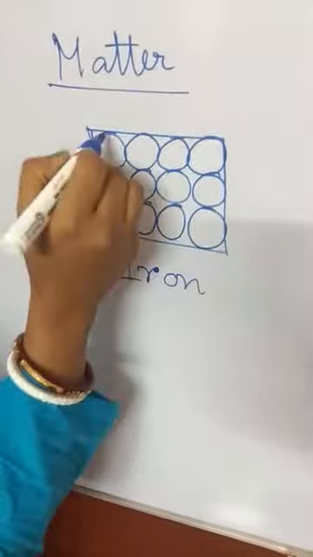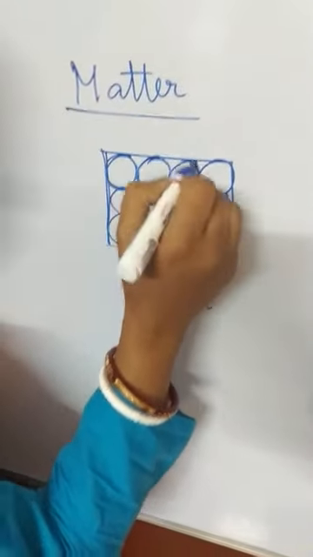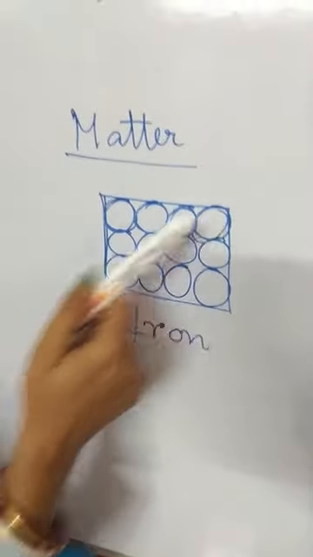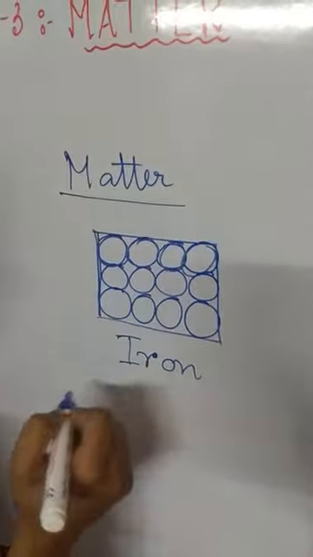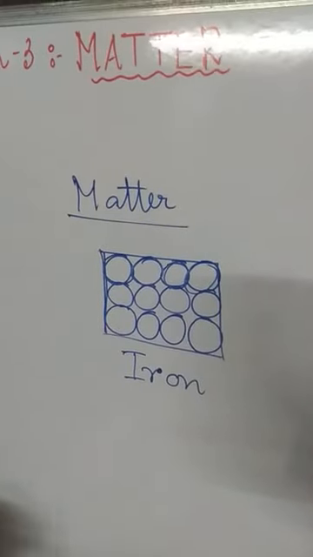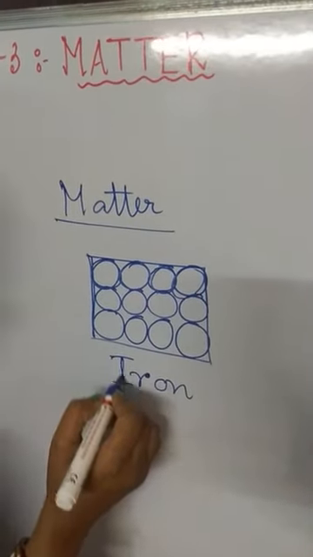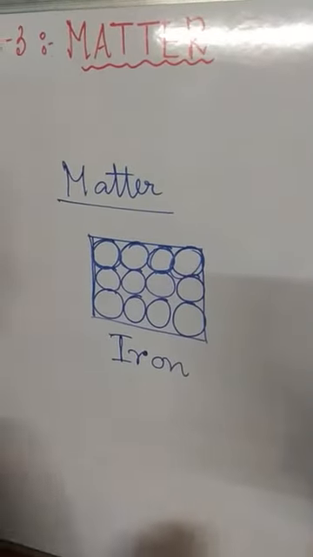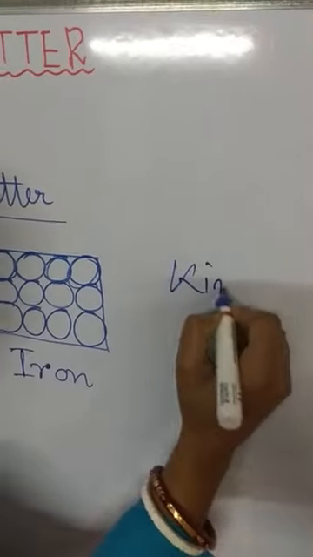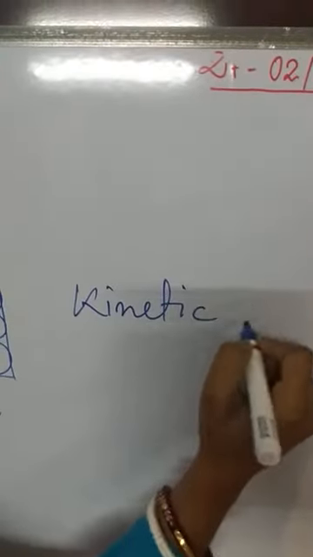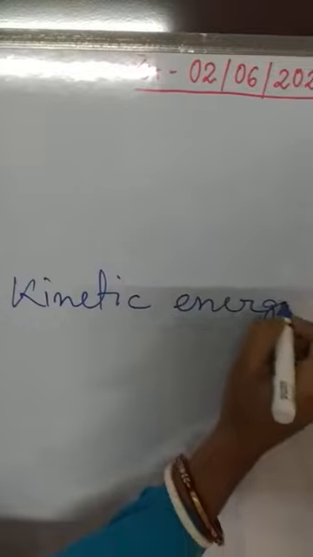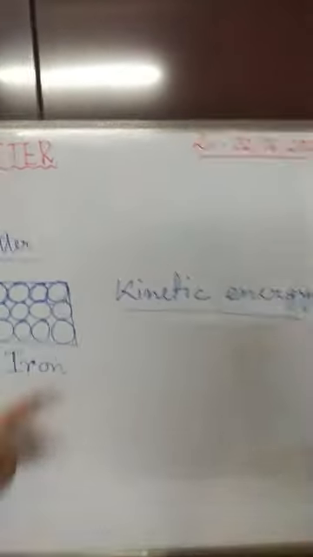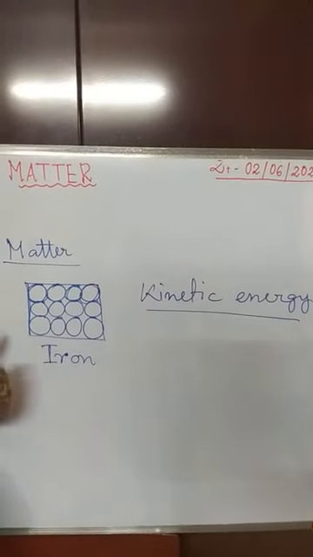Now what are the characteristics of these particles? All these particles of matter, it may be solid or liquid or gas, any type of matter may be there, but the particles possess some kinetic energy, and because of this they will have a random motion.